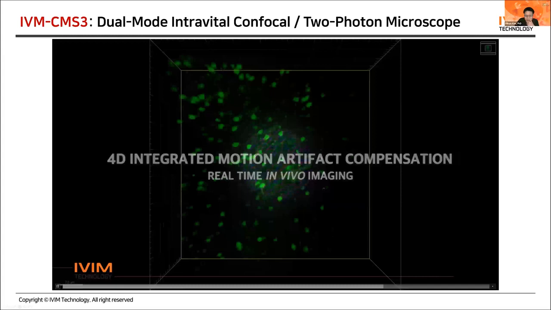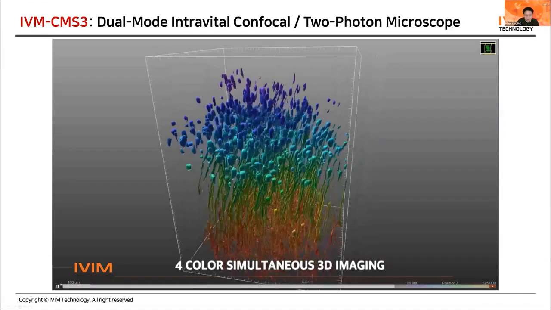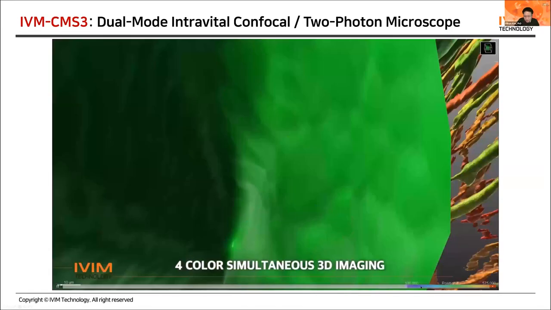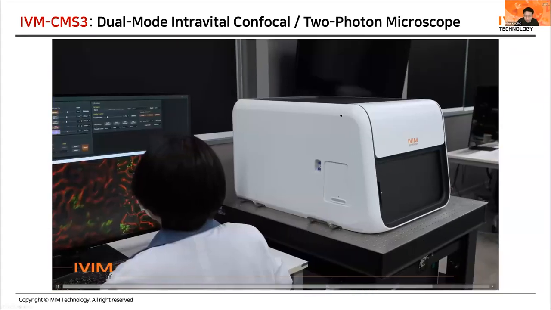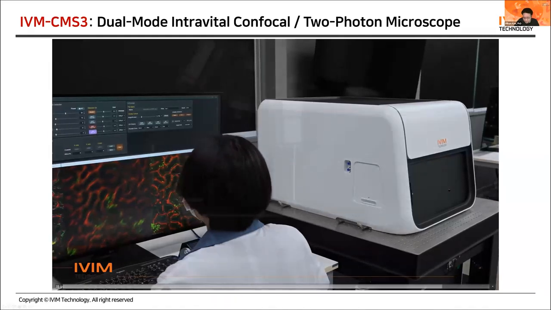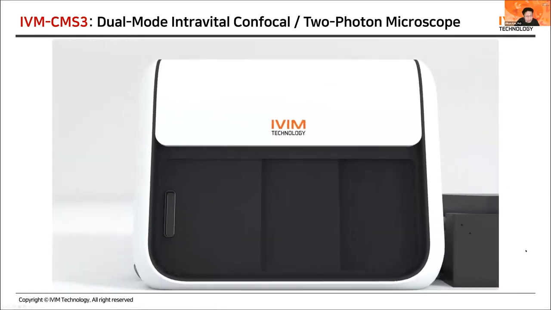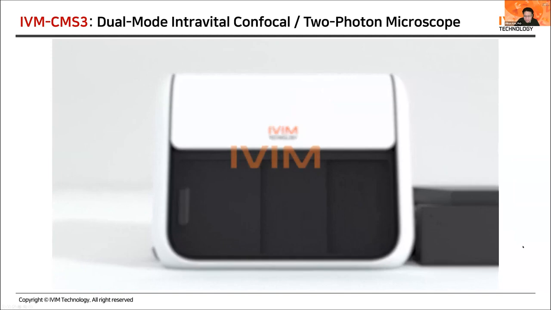So, this is, for example, the 3D imaging of various neurons in the brain, and this is our software, and this is the real photo of our dual mode intravital microscope system.